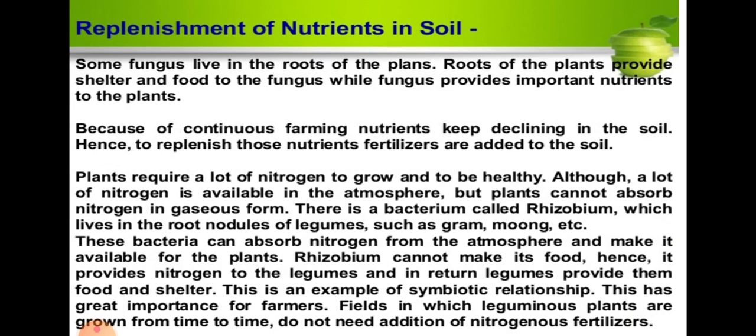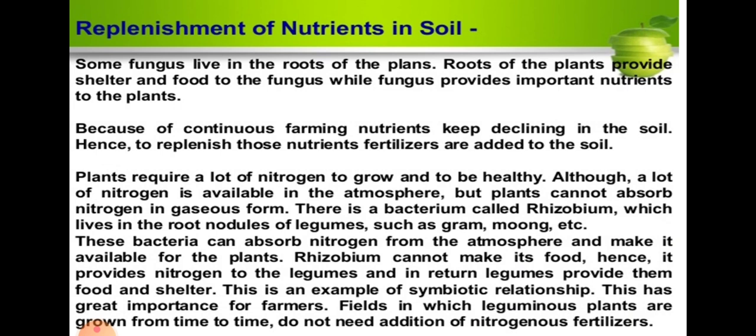Thus, plant nutrients are added to the cultivated fields in the form of fertilizers. Out of all the plant nutrients, the crop plants grown in the fields require nitrogen in the maximum amount to make proteins, and the crop plant takes this nitrogen from the soil in the fields.